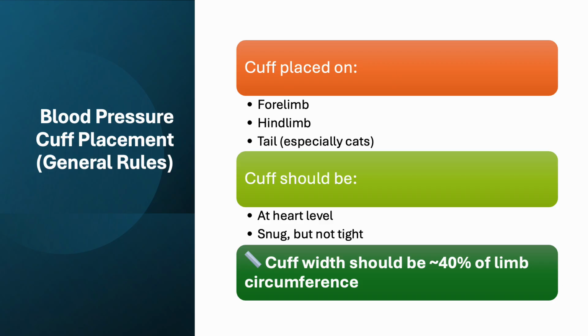The cuff ideally would be at the level of the heart, and it should be snug but not too tight. The width of the cuff, or the shorter side of the cuff, should be approximately 40% of the circumference of the limb.